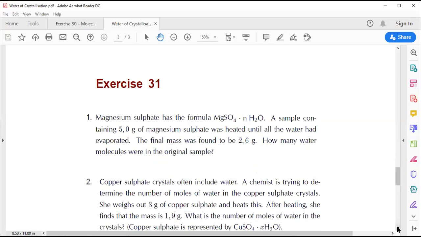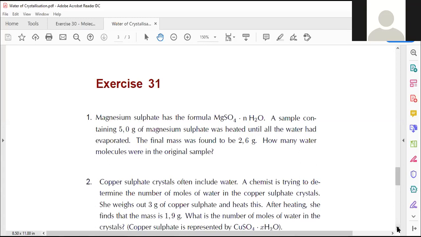It includes your MgSO4 and the water of crystallization. Is that clear? Then the final mass was found to be 2.6 grams. So it means all the water evaporated, and the mass that we have now is only 2.6 grams, without the water.